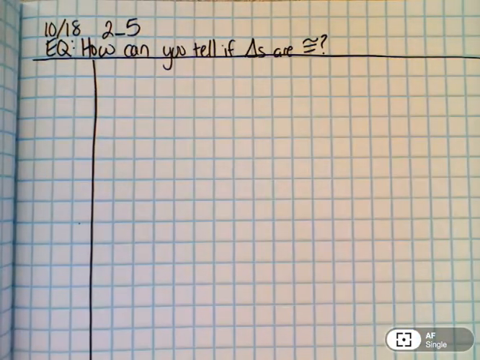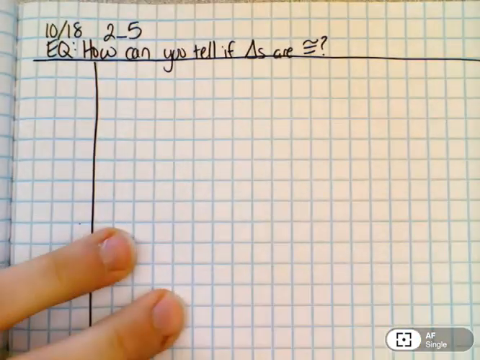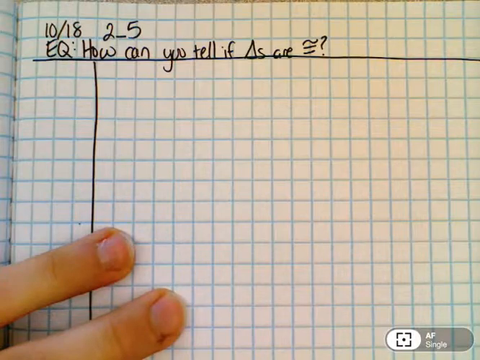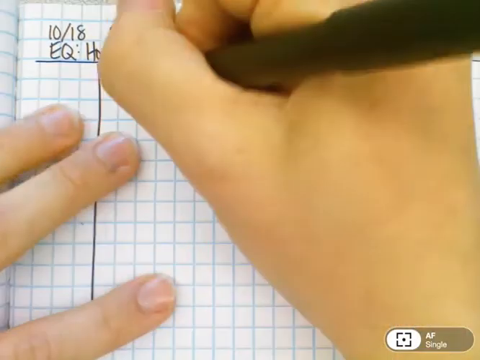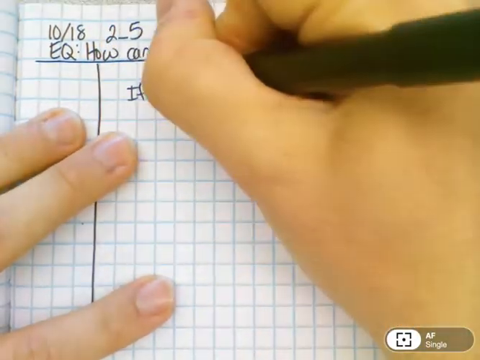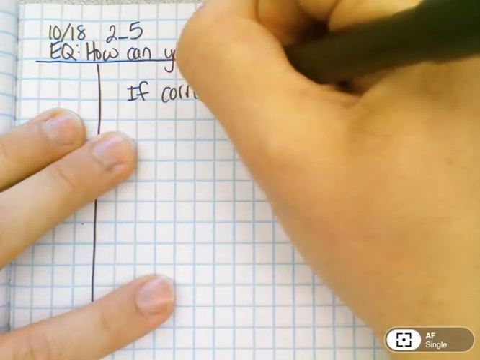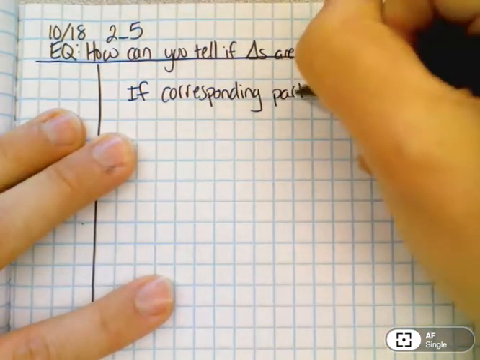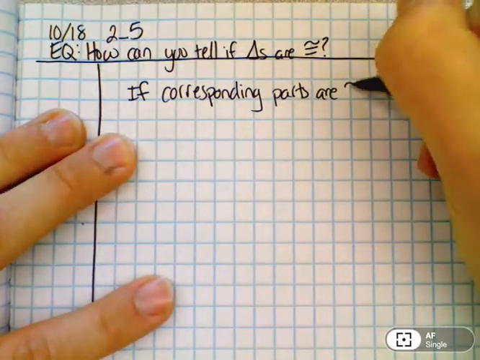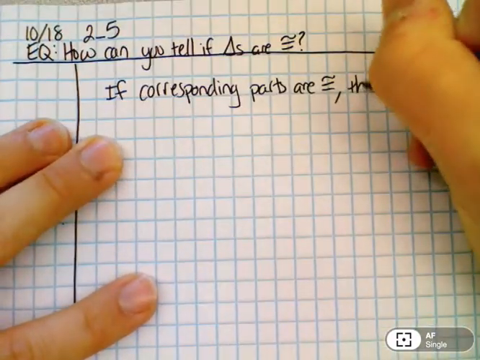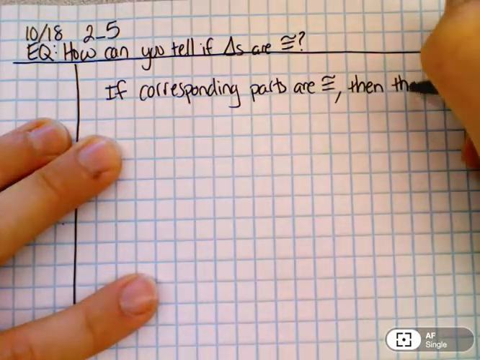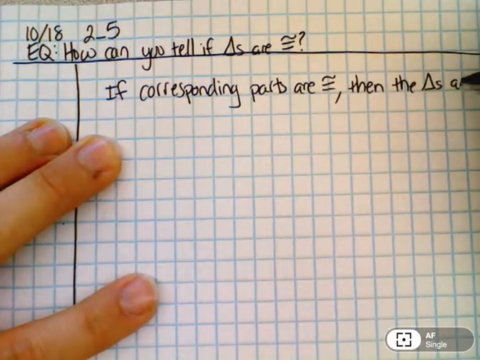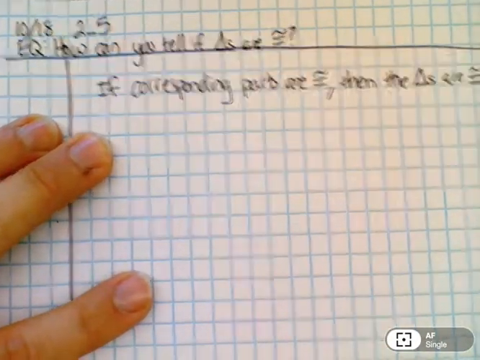So we're going to just answer the essential question now. How can we tell if two triangles are congruent? So if the corresponding parts are congruent, then the triangles are congruent.